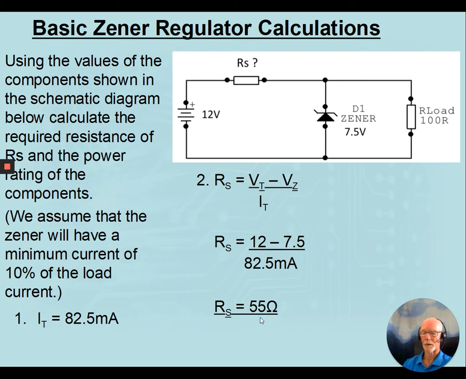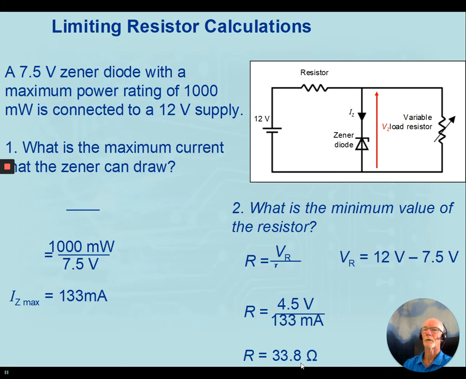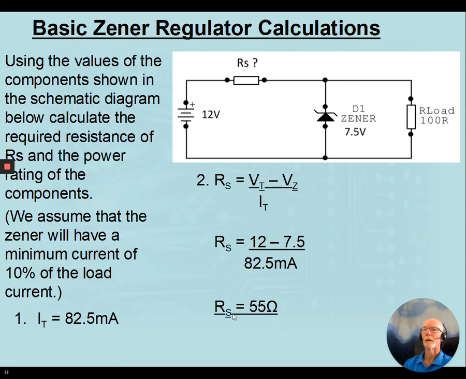And is that below what we calculated for our minimum value of resistor? Go back to here, 33.8. No, so we haven't gone below our minimum value. So our resistor will be 55 ohms in this circuit.